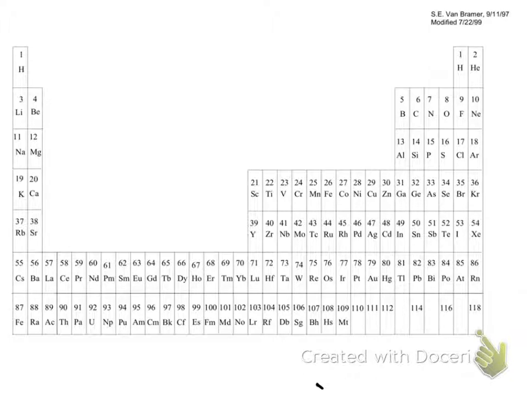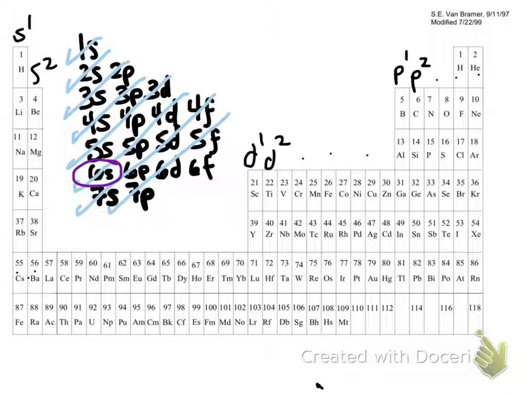So let's see, filling s1, s2, p1, p2, blah, blah, blah, d1, d2, blah, blah, blah, until we get down to here and we go, 6s1, 6s2, oh my gosh. Yes, that's right. After we fill barium with a 6s2, we go to 4f. And here's where we start filling in the f's.